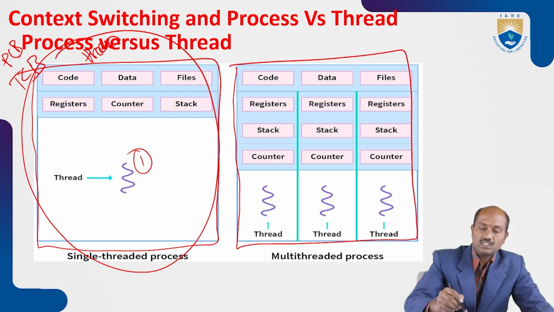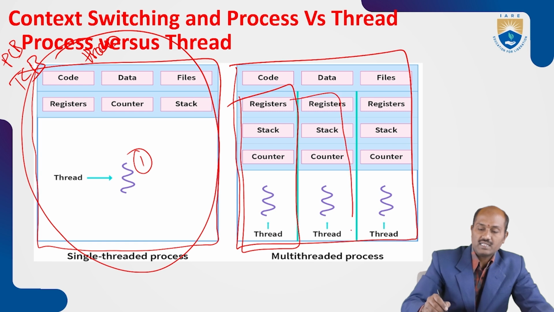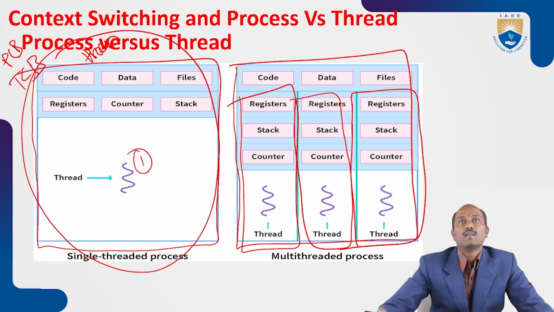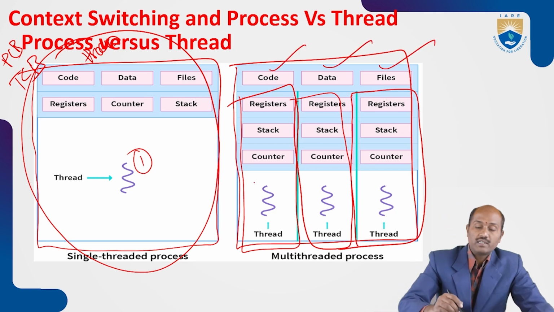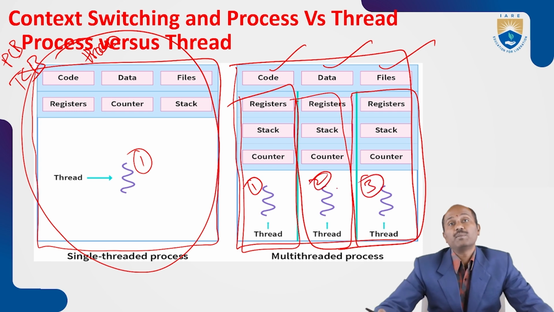A multi-thread process consists of many threads. Register, stack, counter as one part, register, stack, counter as another part, and register, stack, counter as another part. The code section, data and files are common. Whether it consists of one thread, two threads, three threads or many threads, it becomes a multi-thread process.